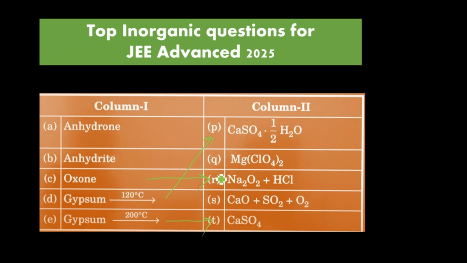Then anhydrite, that is again calcium sulfate, and anhydrone, you can see that is the bleaching agent magnesium chloride, right? So AQ, BT, CR, DP and ET is your answer.